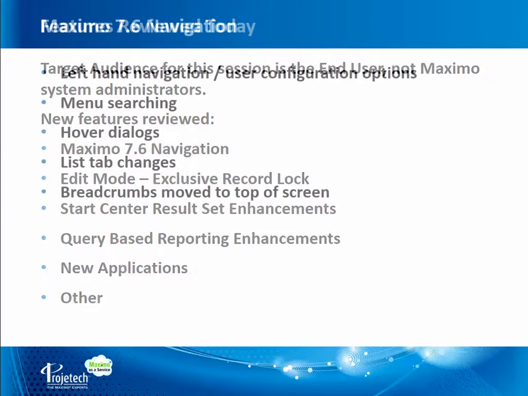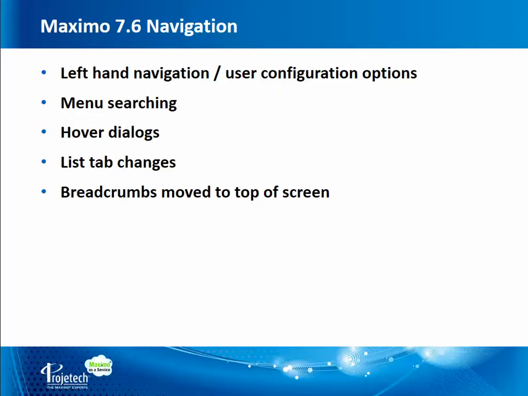All right, so the first part that we're going to go over is navigation. They've moved it over to the left from it previously being on the right. They allow you now to search throughout Maximo to find applications, queries, and actions. So if you're not familiar with it, if you're a new user, that'll help you out a lot.